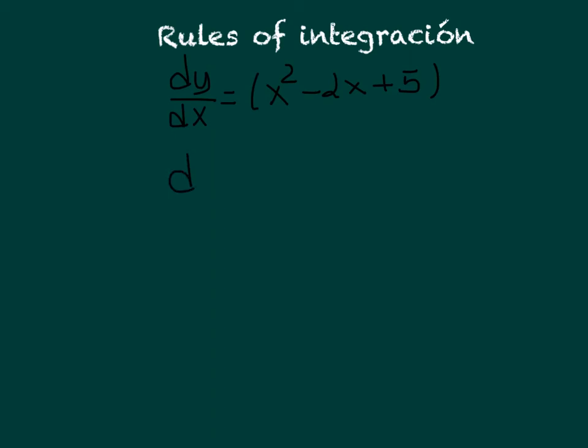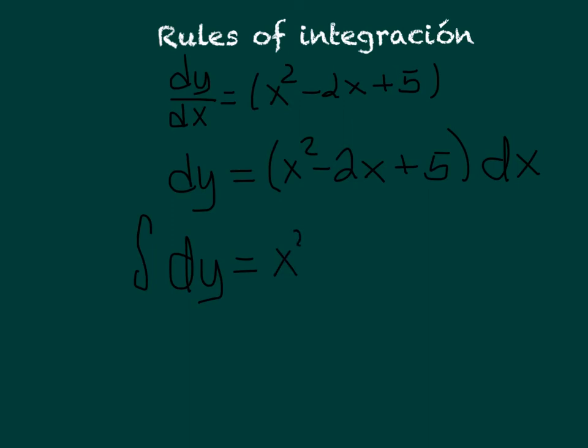So the right notation will be the differential of y equals x squared minus 2x plus 5 times dx. And then we use the symbol that means finding the function whose derivative is x squared minus 2x plus 5 times dx. So this expression comes from the derivative.